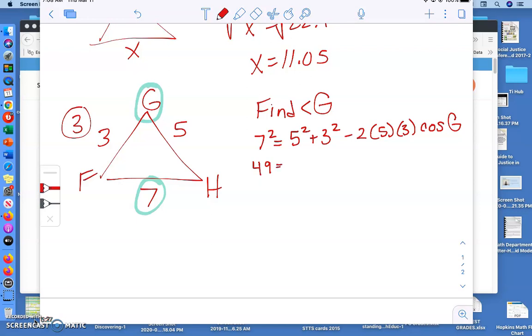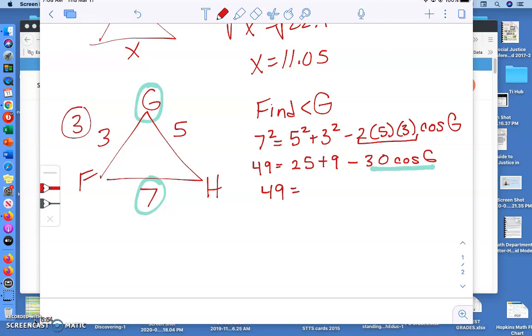So we have 49 equals 25 plus 9 minus, well, if we multiply those together, 2 times 5 is 10, times 3 is 30, times the cosine of G. Now order of operations: we add the 25 and 9 because the multiplication is stuck together right there and we can't break that up yet.